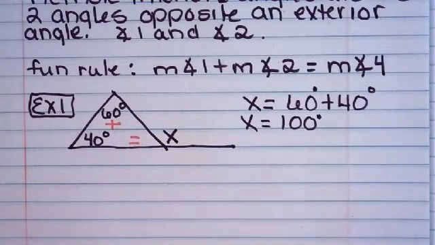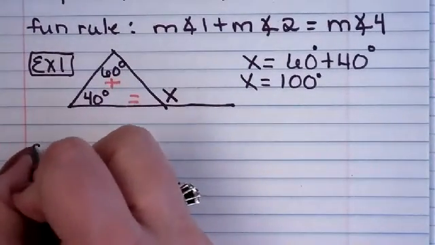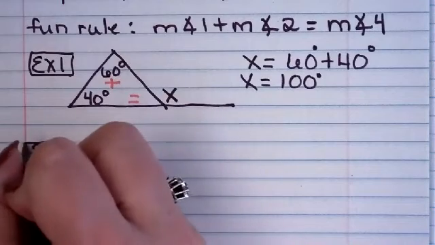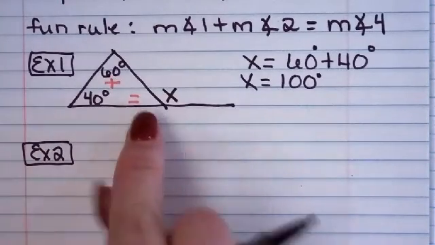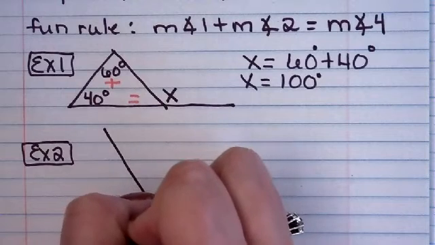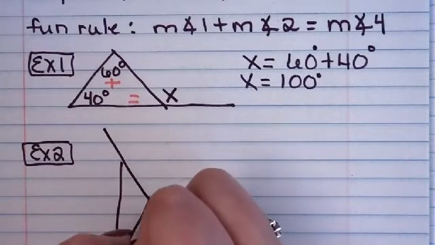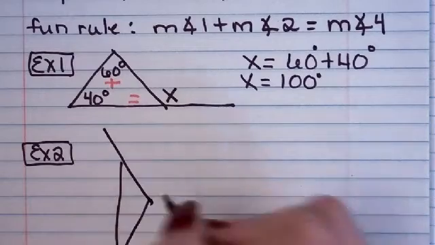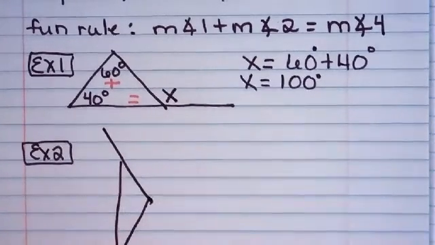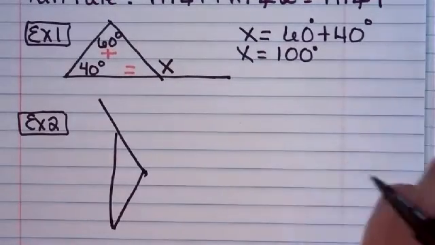Now, anytime they have you looking for an exterior angle, that's what you're going to do. Okay? Now, let's think about this. Sometimes they're not going to always have the triangle looking like this. They're going to maybe flip things around, turn them around. What if I have something like this? Okay? So see how I got a triangle, but it doesn't look anything like the first one.